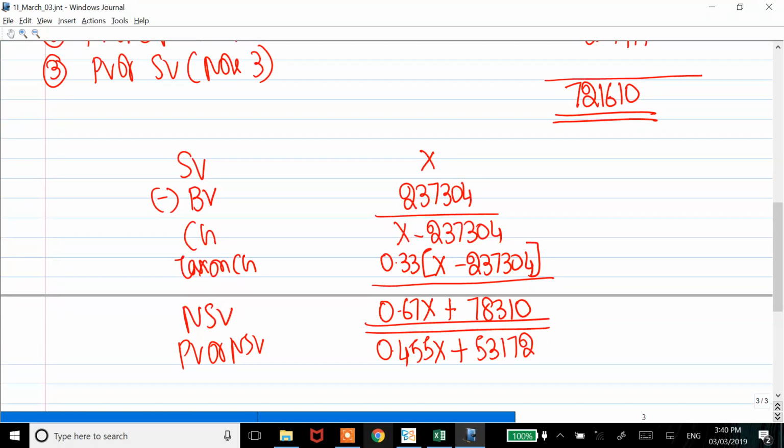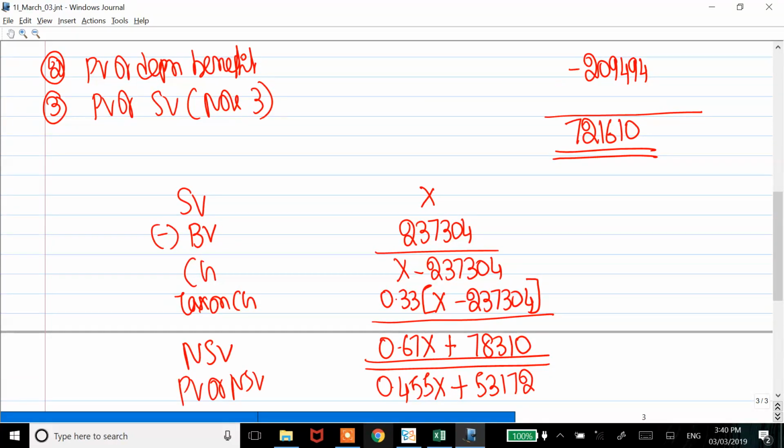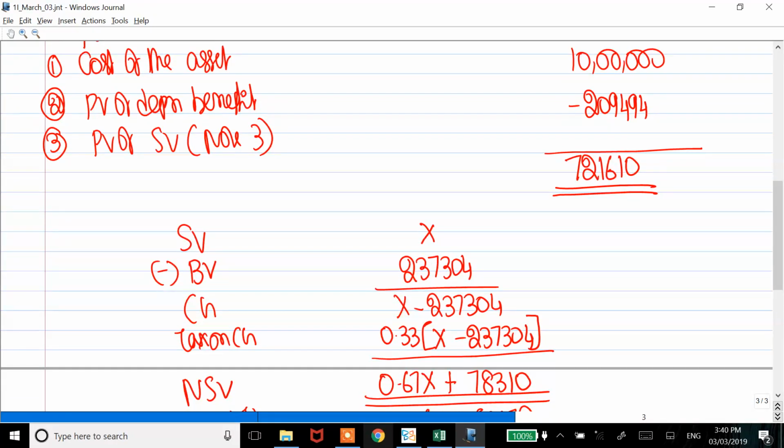Now I'll go back to this table. 0.455x plus 53,172.